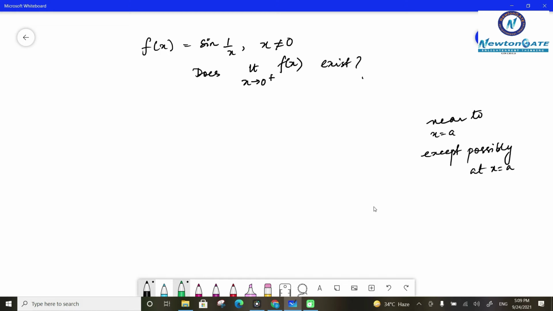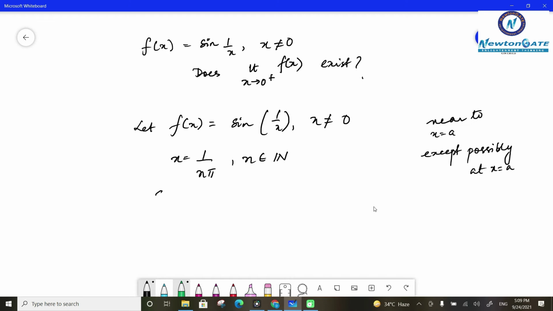So let f(x) equal sin 1 by x. Now if I take x equal to 1 by n pi, where n belongs to the natural numbers, then sin 1 by x will become sin n pi, right?